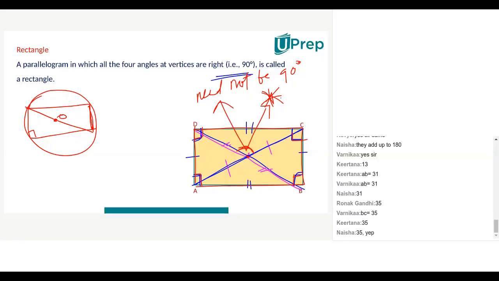Always, the diagonal passes through the center for a rectangle. This other diagonal is also passing through the center, because the angle in a semicircle is 90 degrees. This is 90 degrees already, we know. That's why this is a diameter and this is also a diameter. Okay, right.